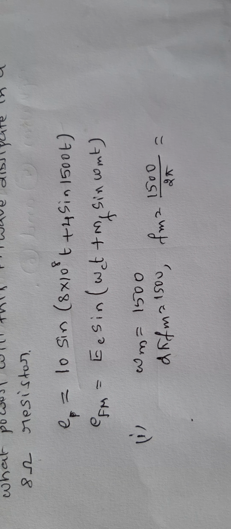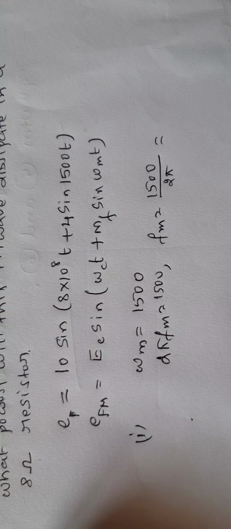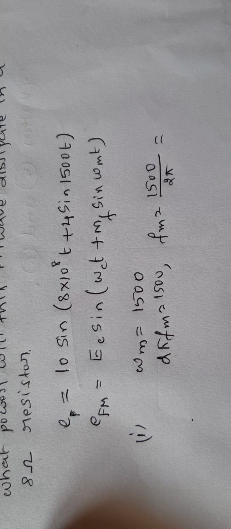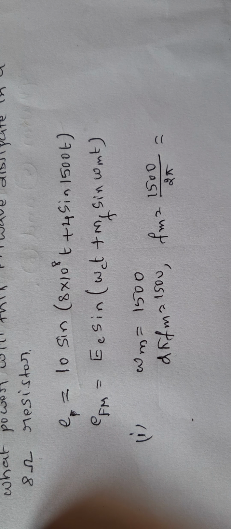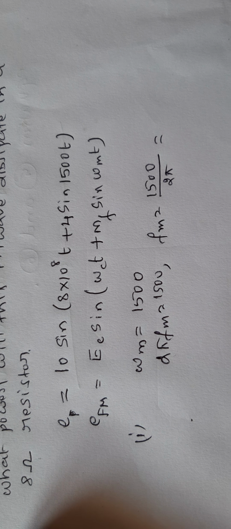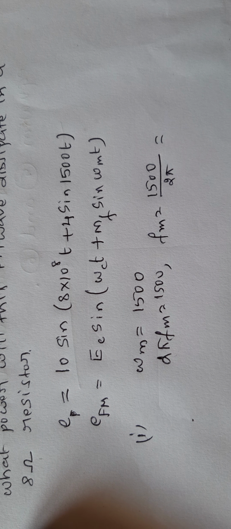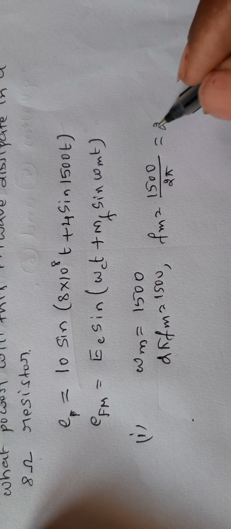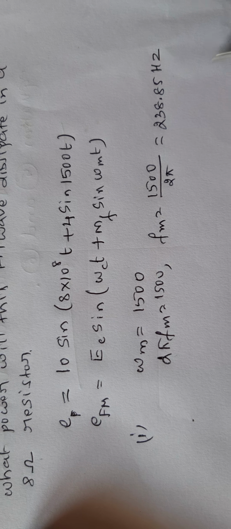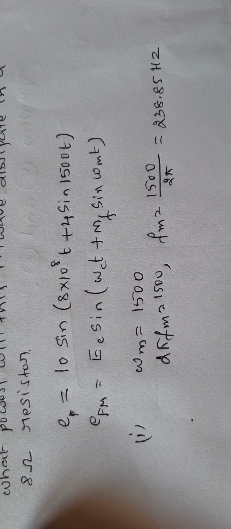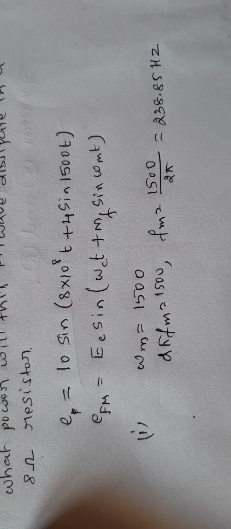With pi as 3.14, on calculating this you get 238.85 hertz. This is our modulating frequency, the low signal frequency.